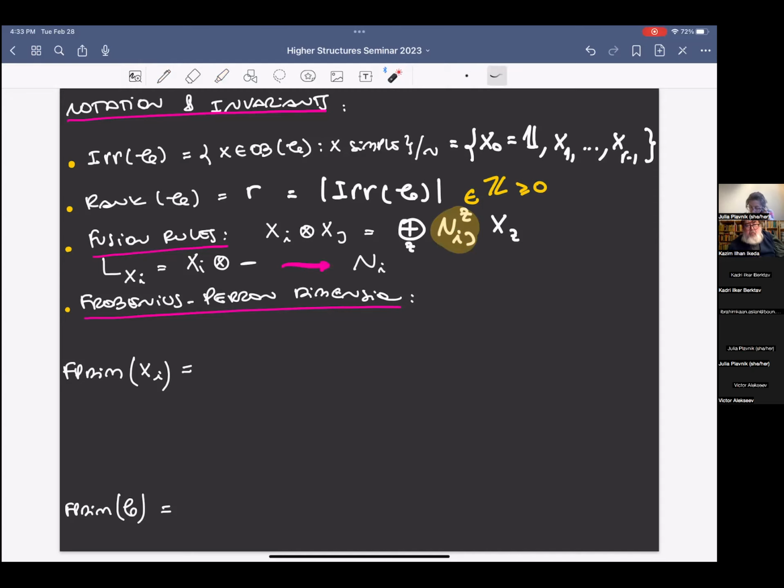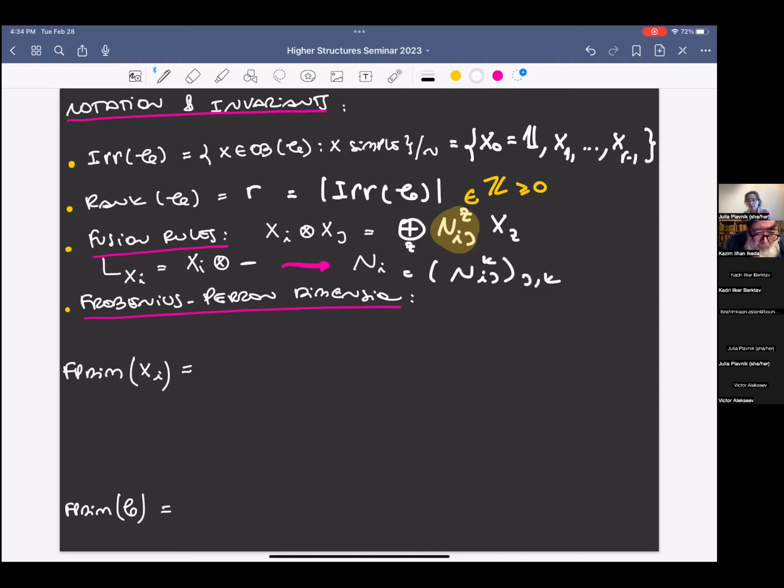Moreover, these numbers are encoded in the following way. Remember that we have this Grothendieck ring, and the set of simples is the basis for that ring. So I could look at the operator of multiplying on the left by one of the simples, and I want to write the matrix of that with respect to this basis in the Grothendieck ring. And the matrix is given by these fusion coefficients.